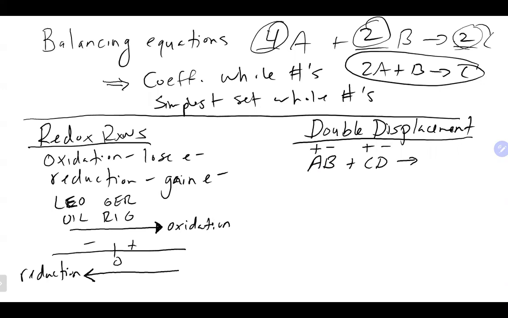And what always happens in this reaction, no matter what type of double displacement reaction it is, is the two positive ions switch partners. In this case, the A would end up with the D, and the C would end up with the B. We will make two new ionic compounds on the other side, an A and a D, and a C and a B.